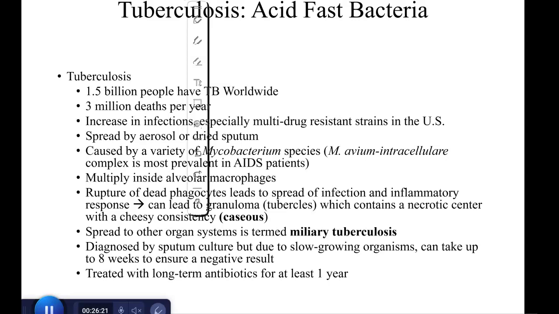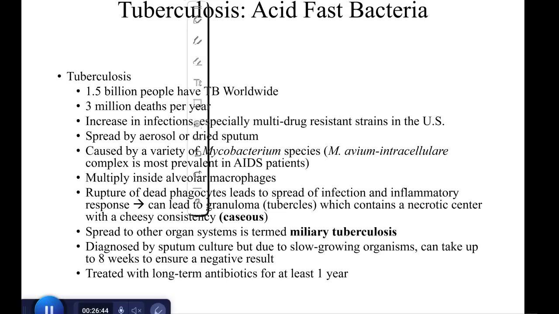The genus of bacteria that cause tuberculosis is Mycobacterium. We will actually be doing an acid-fast stain with a Mycobacterium. Don't worry, it is not Mycobacterium tuberculosis. It's Mycobacterium smegmatis, which is not virulent like tuberculosis is.